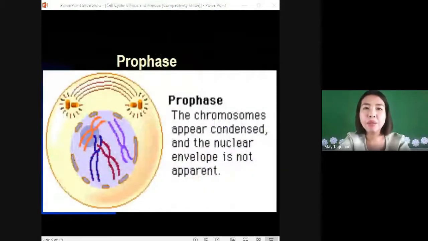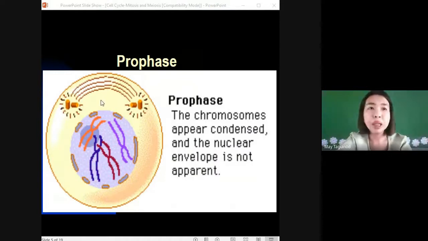In prophase, the chromosomes are visible, which are the sister chromatids, this one in the middle. The centrioles move to opposite sides of the cell.